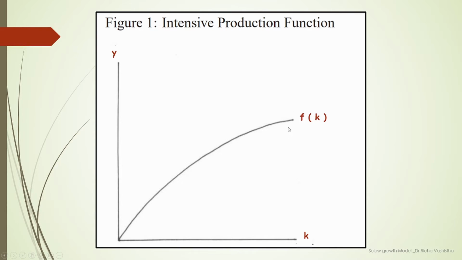Because of that phenomenon, it starts increasing at a decreasing rate, which is known as diminishing return. After a particular peak, it starts diminishing. That is why you can see the graph going down a little from here. If extended further, it will go down towards the x-axis.